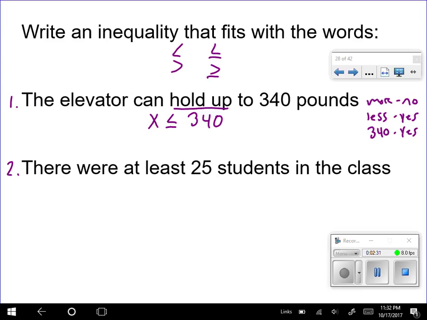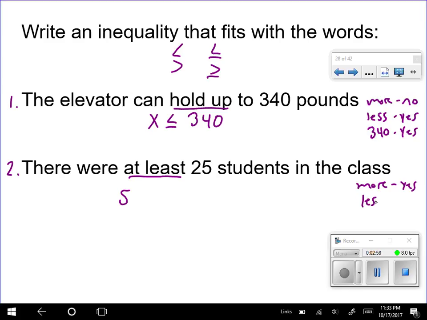So number 2, there were at least 25 students in the class. Remember, our variable is going to represent, if we want to call it S, how many students could be in the class. So if there were at least, again, we can ask ourselves our questions. Could there be more? Well, if there were at least 25 students, there could be more.